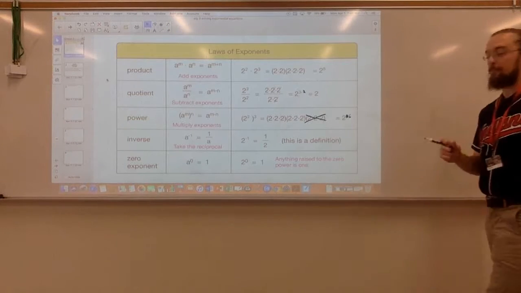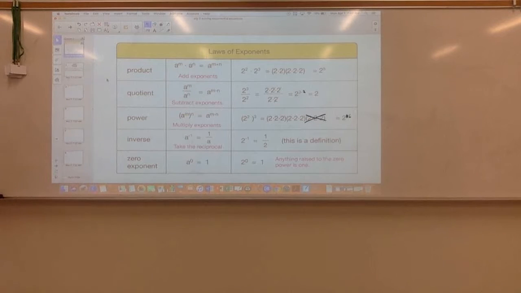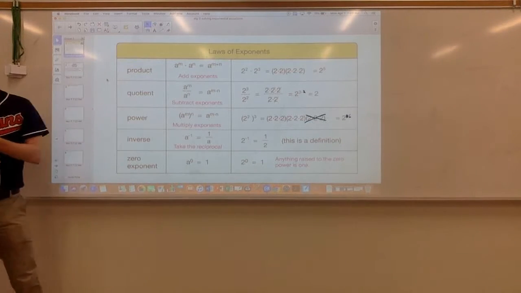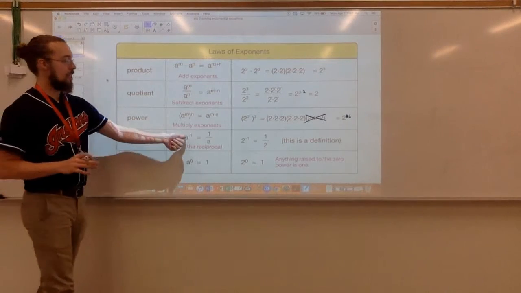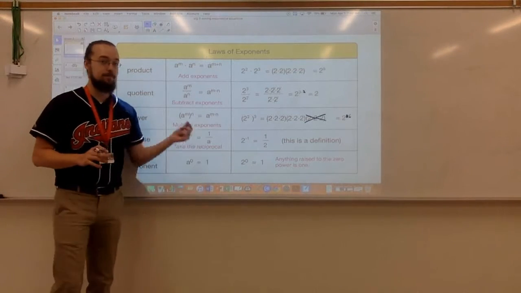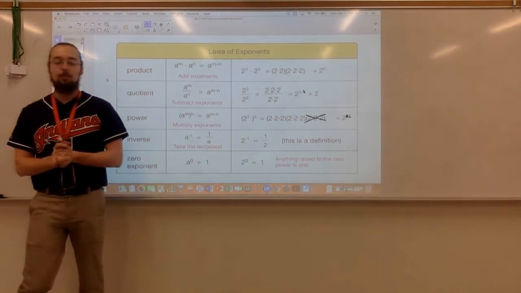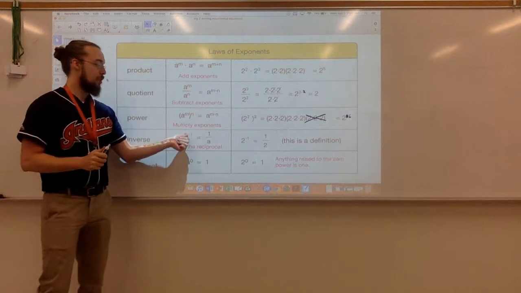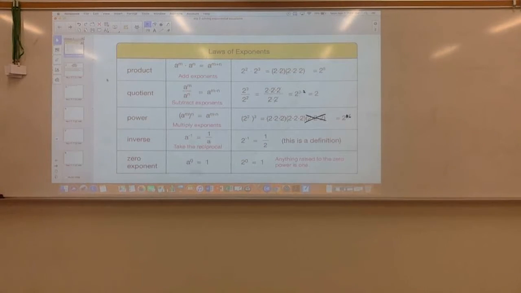The fourth property that we talked about was whenever we have a negative exponent, we can just take that to the denominator and make the exponent positive.